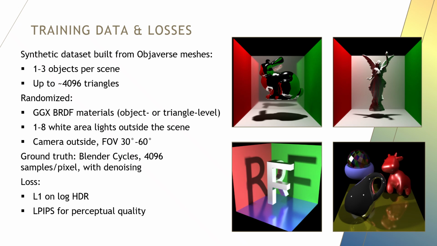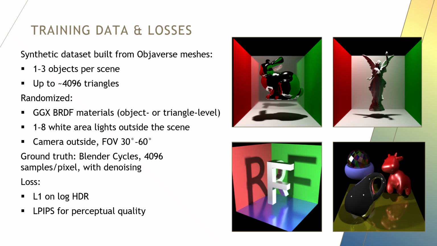Scenes contain 1 to 3 objects, up to 4,096 triangles after pre-meshing, with GGX microfacet BRDF materials, either per object or per triangle. 1 to 8 wide area lights outside the scene, and the camera always outside the scene, with an FOV between 30 degrees and 60 degrees.